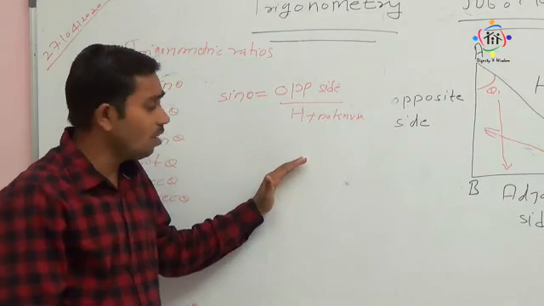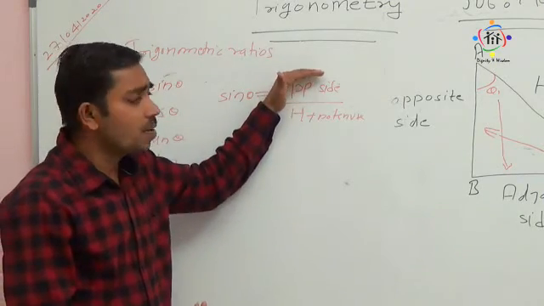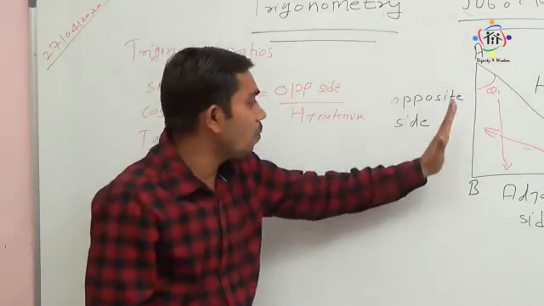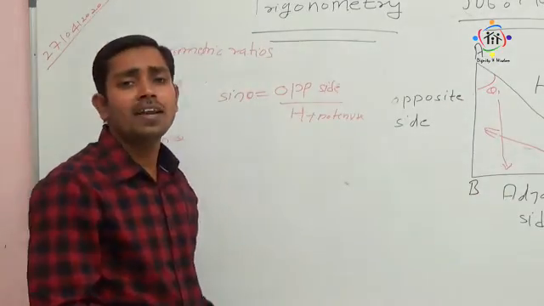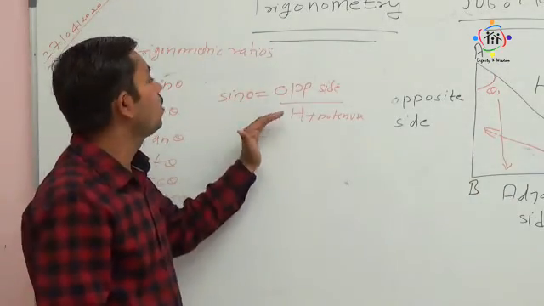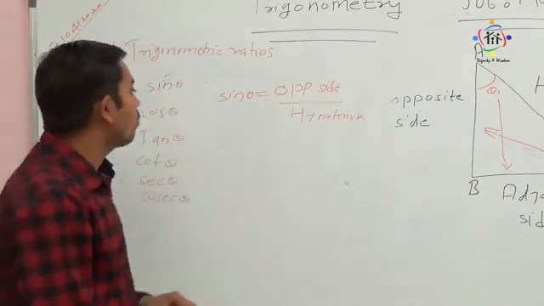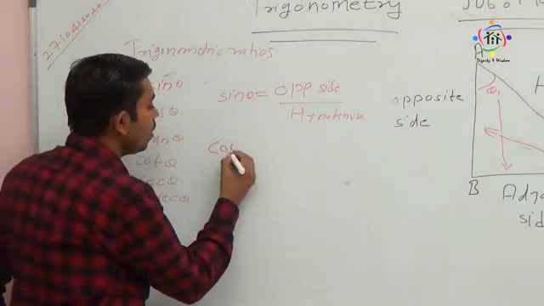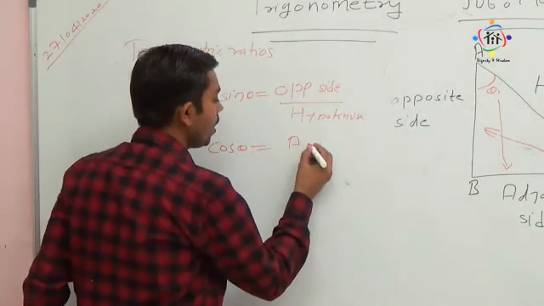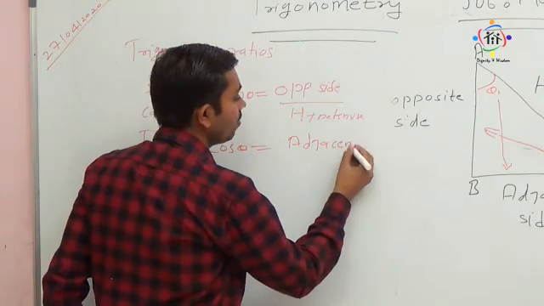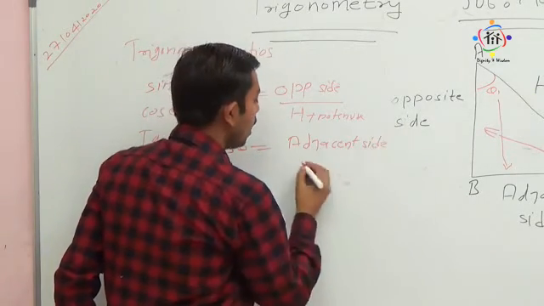It gives us the ratio of one side of the triangle to the other side in numerical value, in real number. That is called what? Trigonometric ratio. Similarly, for cos theta, the formula is adjacent side by hypotenuse.